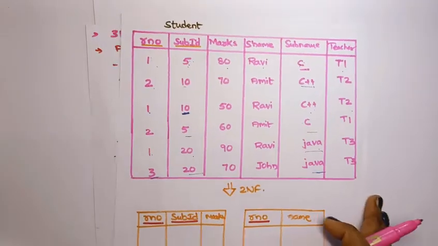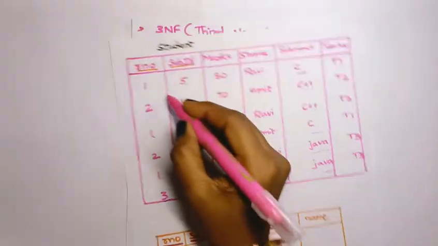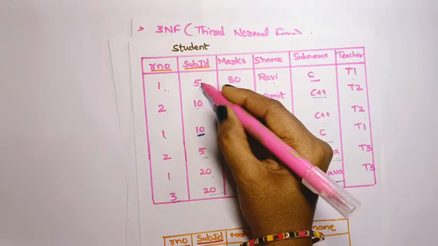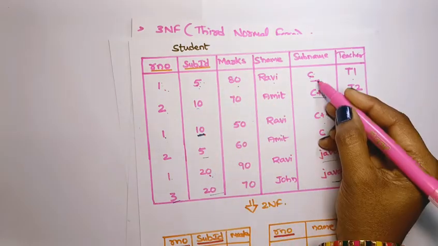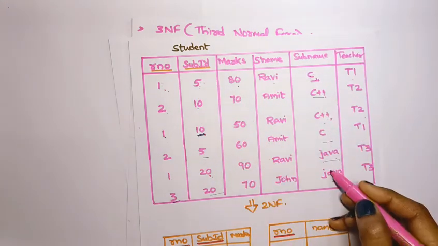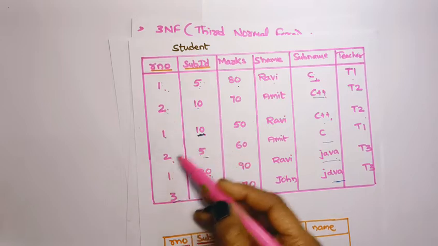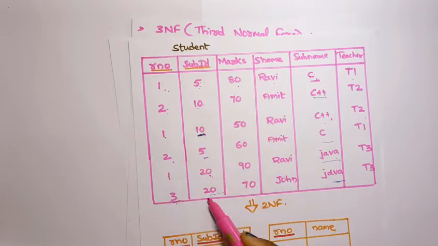If you consider this student table I considered, if you observe here, roll number 1 joined for some courses like 5, 10, 20, which is nothing but C, C++ and Java. Roll number 2 joined for multiple courses, and roll number 3 joined for a single course.